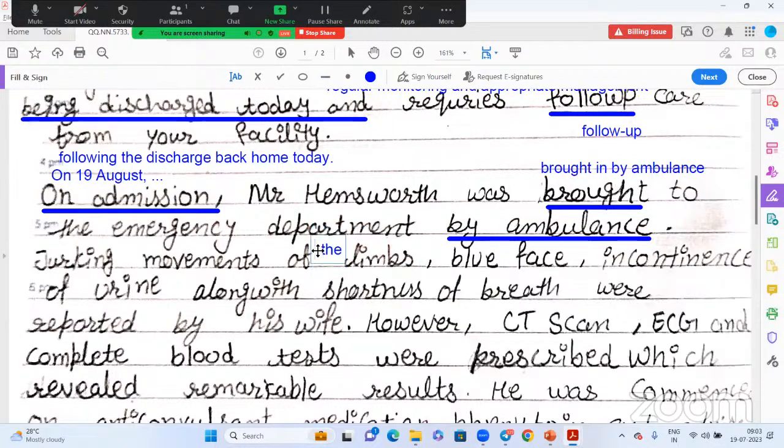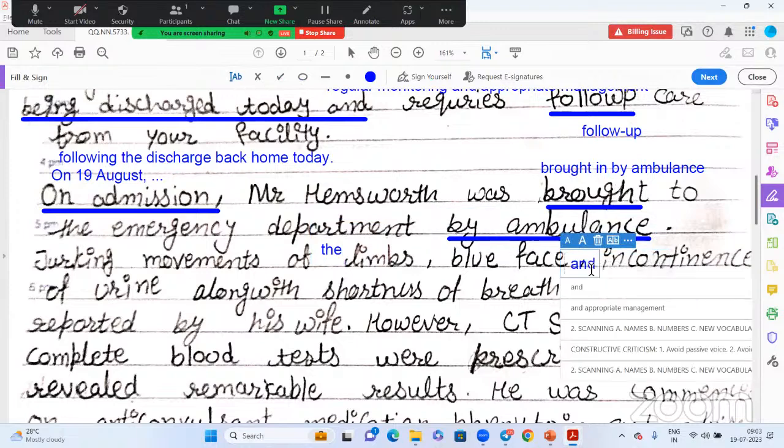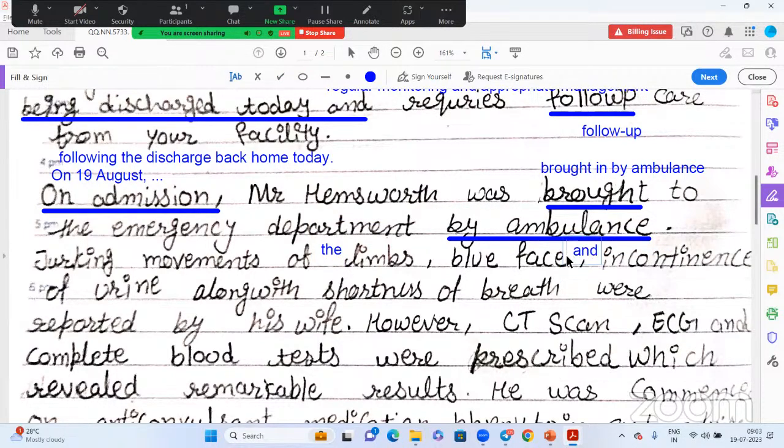Jerking movements of the limbs, blue face, incontinence of urine, along with. So here you have to say 'and'. These are three things here. Jerking movements of the limbs, 1, blue face, 2, and incontinence of urine.